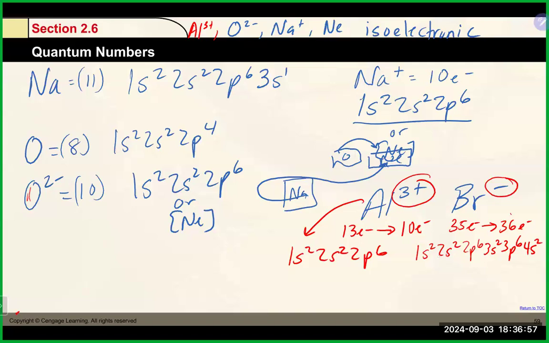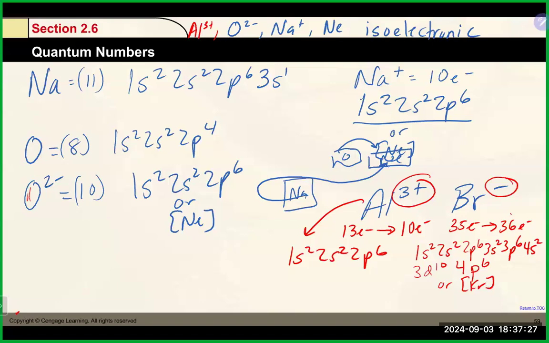But I am up to now 20. So I got a little bit more to go. I'm going to go underneath since I ran out of room there. What comes after 4s? After 4s should be 3d10. That now pops me to 30, I think. And now I need a 4p6 in this case, right? To take me to krypton configuration, basically.